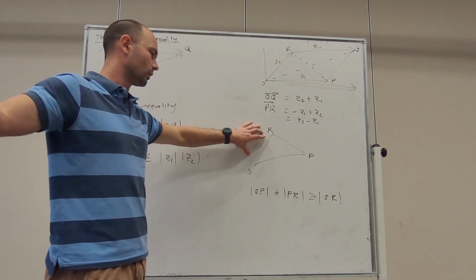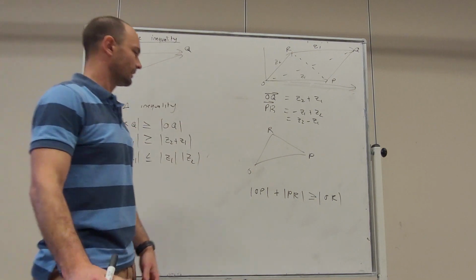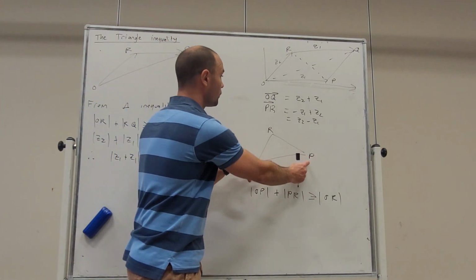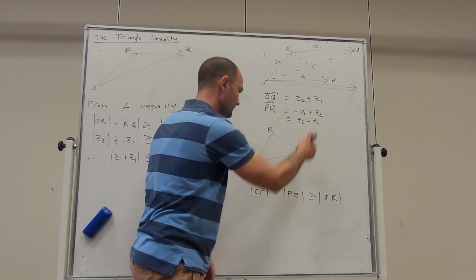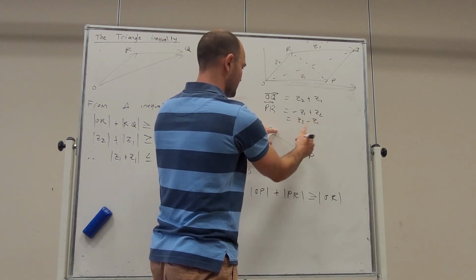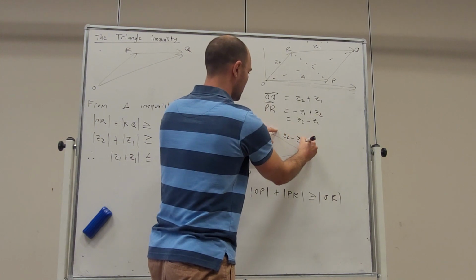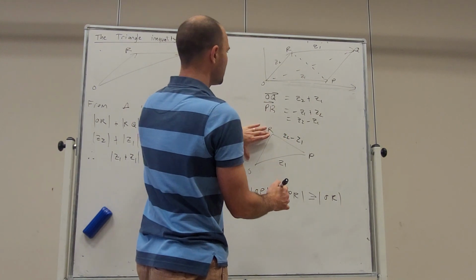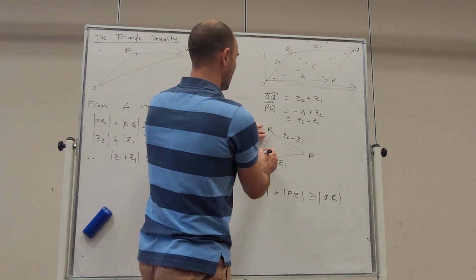It doesn't matter the order we're going to write it in because we can fix it after anyway. Okay, so vector OP is Z1. Vector PR is Z2 take Z1. And vector OR is Z2.